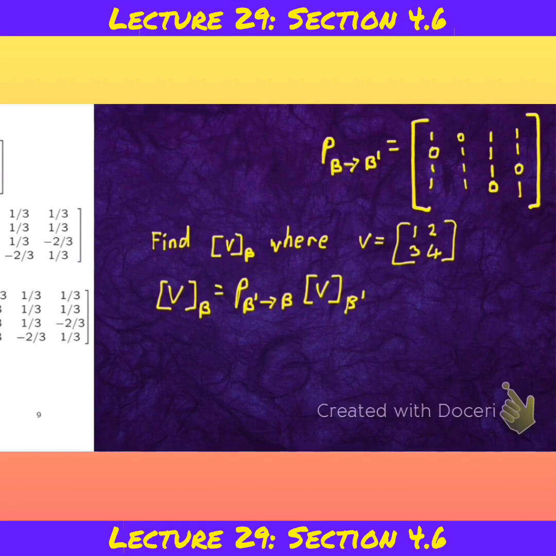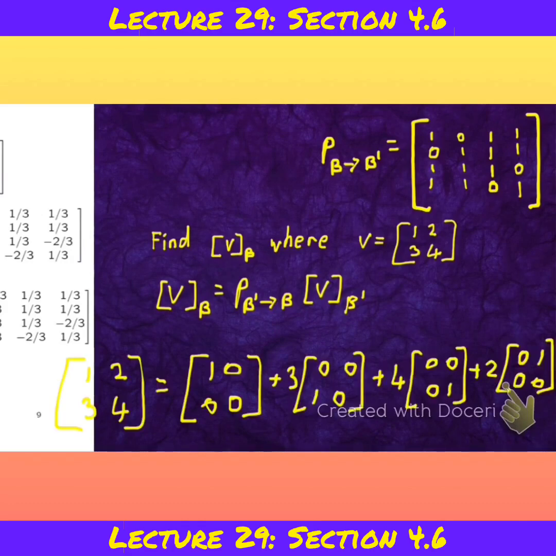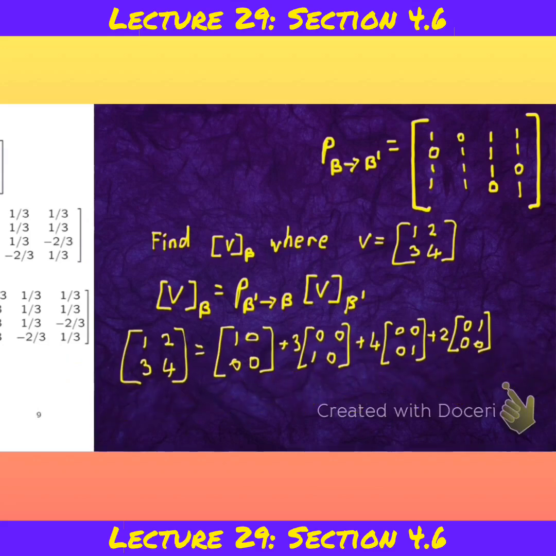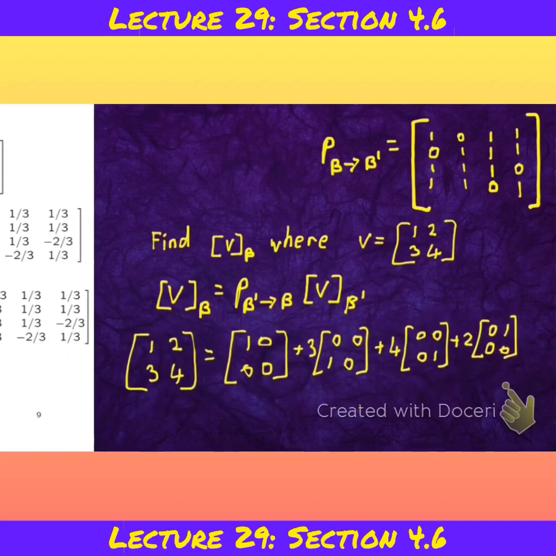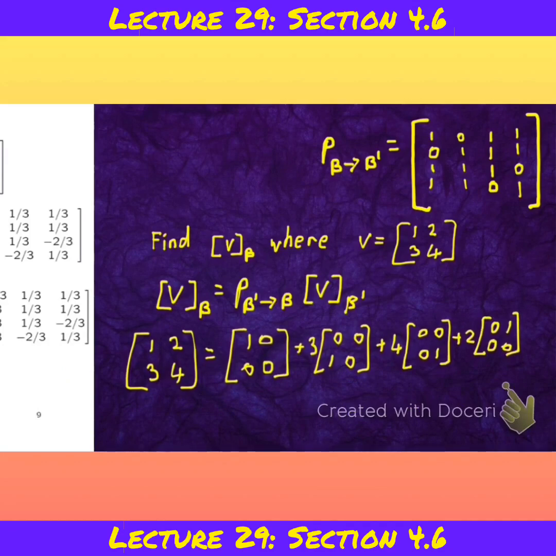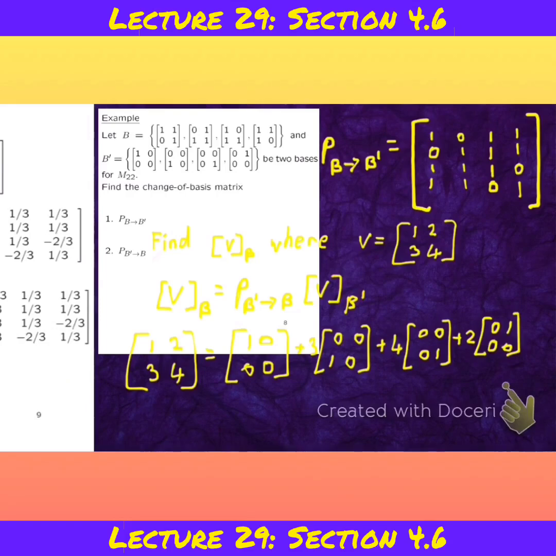So we write that vector as a linear combination of the vectors in B prime. Essentially, what I'm doing now is determining that column vector. Just recall what B prime was: it's the matrix 1 0 0 0, 0 1 0 0, 0 0 0 1, and 0 1 0 0.